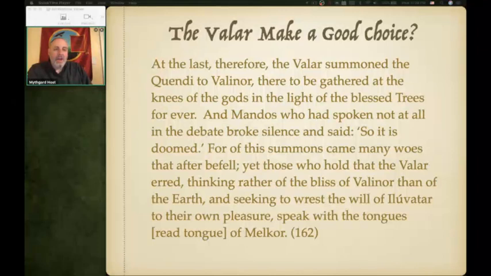Now, I agree that the really interesting question here, Matt, is, do I think that Tolkien is waffling? Or is this just a narrative frame play here? It's possible that Tolkien was waffling. I doubt it.